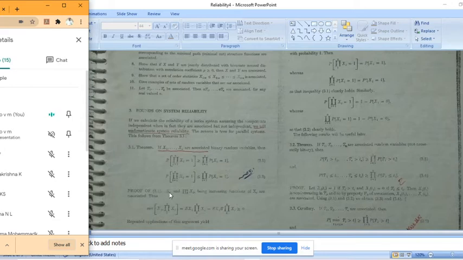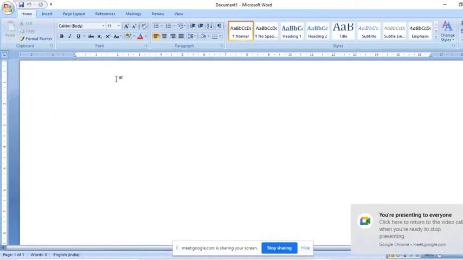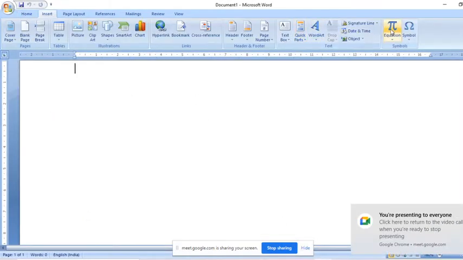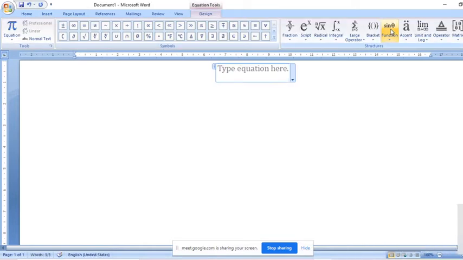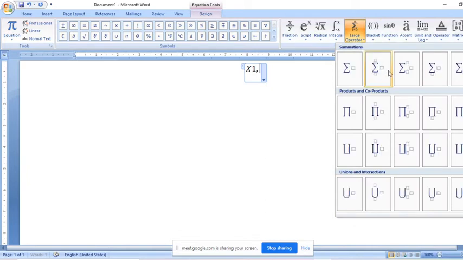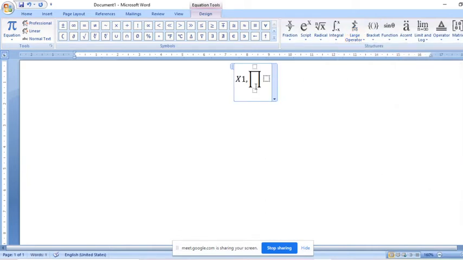Here we have x1 and the product over i from 2 to n of xi. You know that x1, x2, x3, ..., xn are associated random variables. Surely x1 and the product of the remaining variables, that is i from 2 to n of xi, is an increasing function of x2, x3, ..., xn.